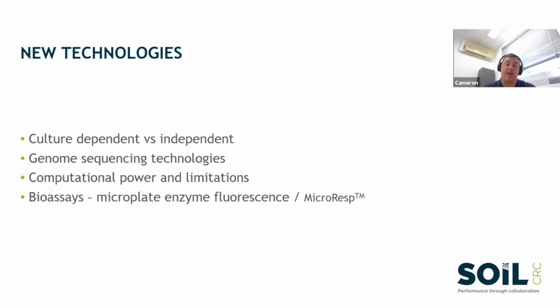MicroResp can calculate how much CO2 is being produced. So if you know how many microbes are there, or what type are there, and you measure that CO2 production, you can figure out how efficient those microbes are at doing their function. It's hard to tell sometimes what exact function that is, but at least you know that they are alive, they are doing some kind of job, and by how much you can tell by the amount of CO2 that's produced.